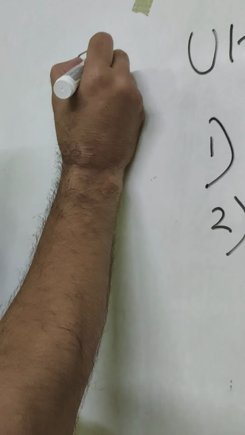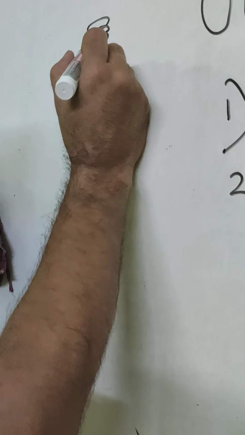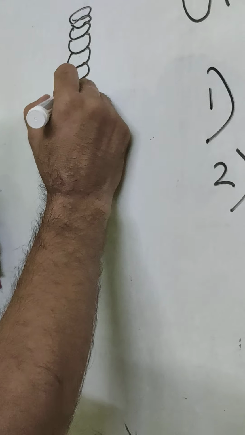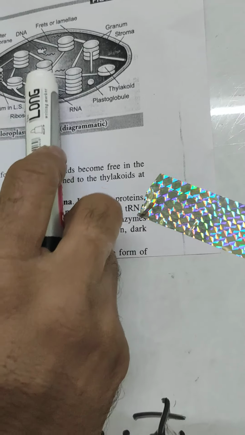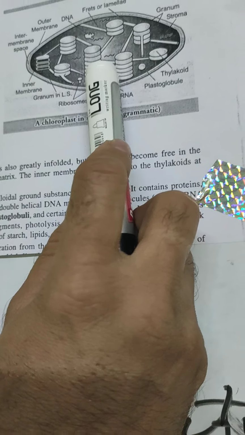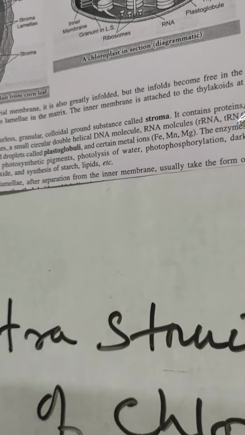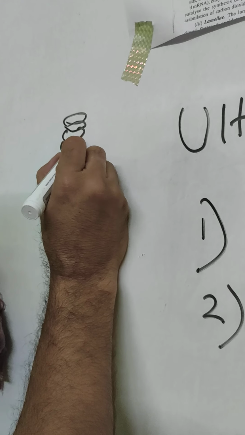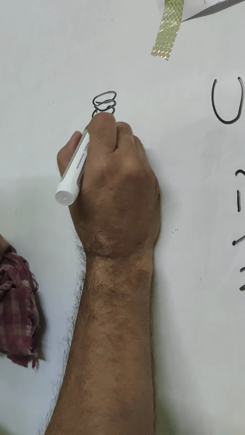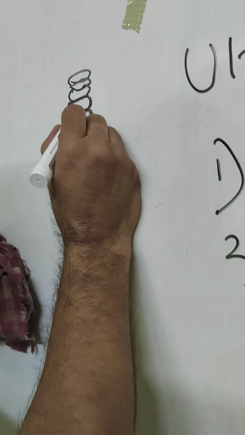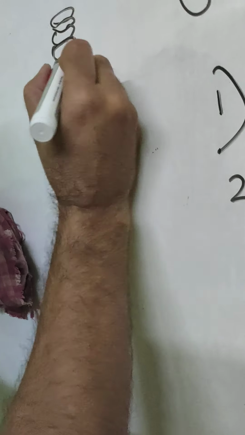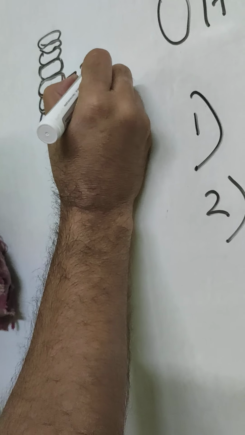The total structure, these are called grana, and an individual one is called granum. And inside the grana, some disc-shaped coin-like structures are there, which are called thylakoids.